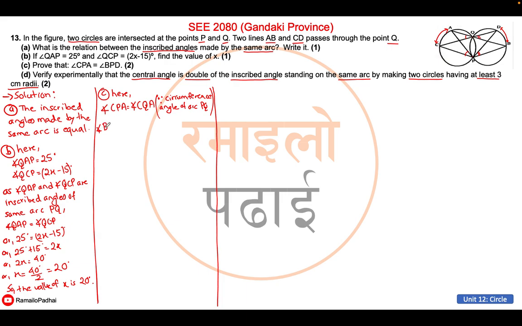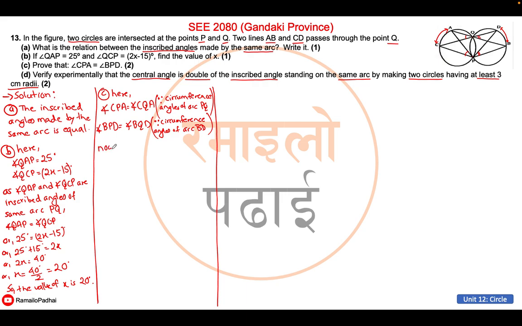So angle BPD is equal to angle BQD. Why? Since circumference angles of arc BD.